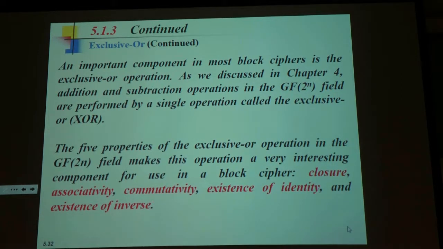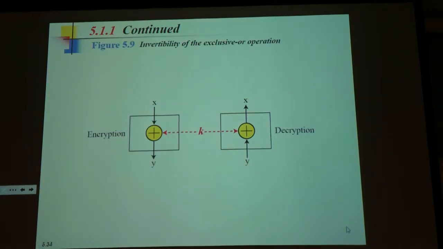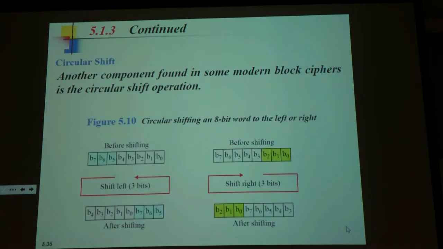Associativity, commutativity, existence of identity, and existence of inversion. That's great. Alright? So, regarding invertibility of the exclusive OR, it's clear in here, it's invertible.